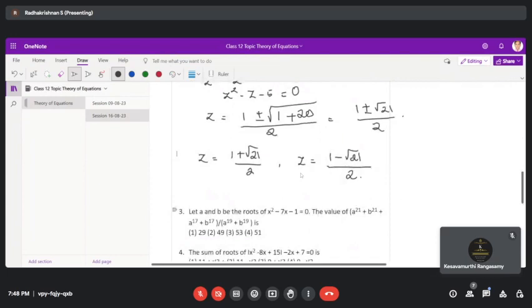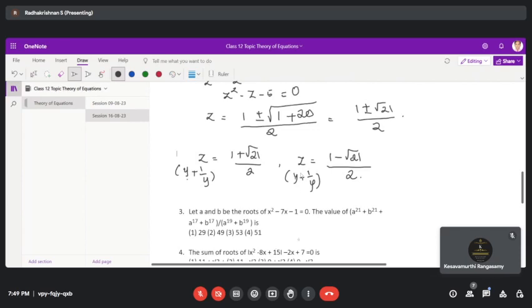Now we are seeing y plus 1 by y, right? The nature of y plus 1 by y is, if y is positive, y plus 1 by y will also be positive. If y is negative, y plus 1 by y will also be negative.